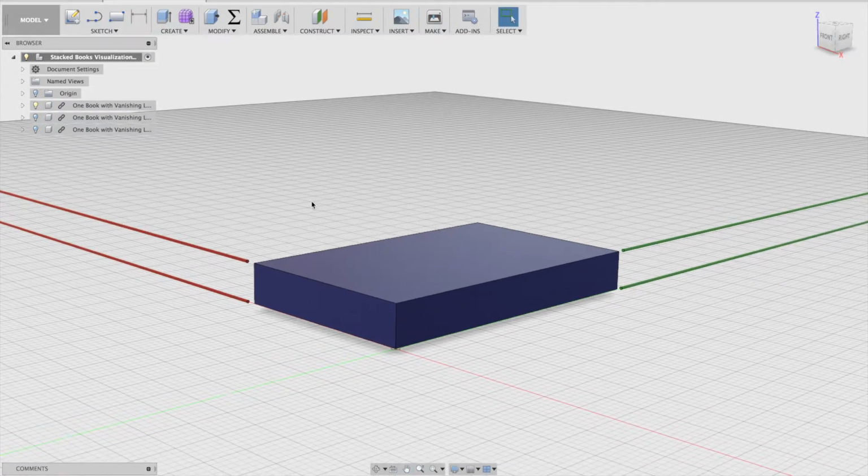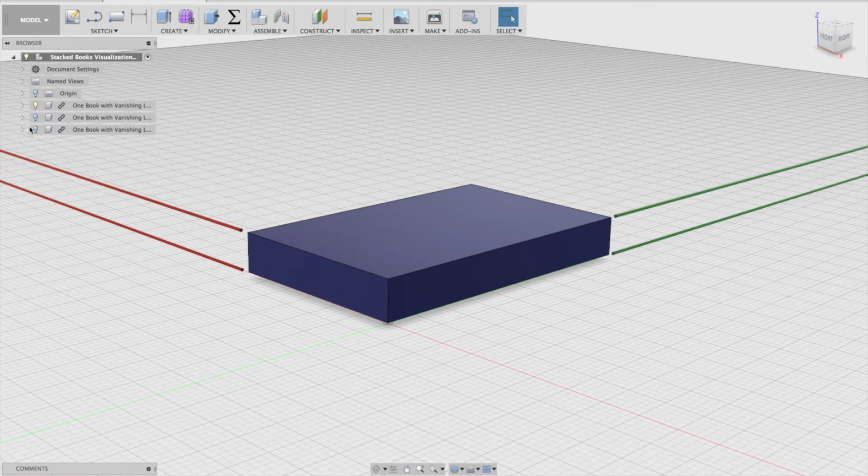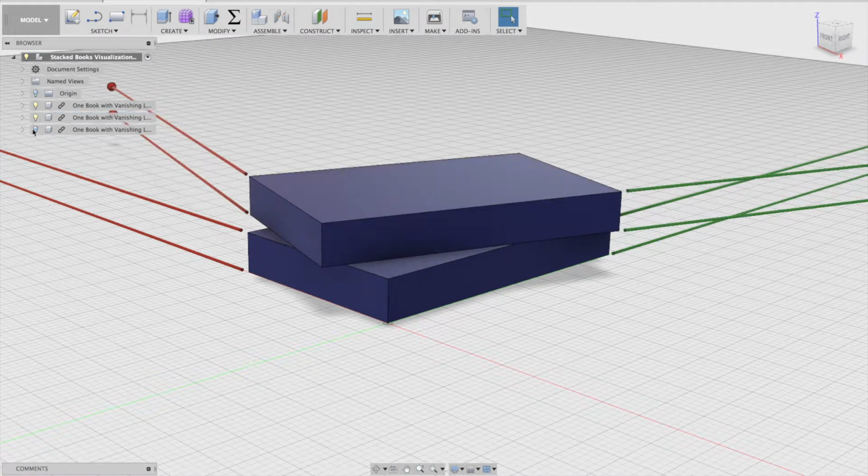I've put a couple of other books in here, and let's just see what happens if I rotate this book on top of it. Notice again, you can see a little bit of an increase in the rate of convergence here compared to here, and you can see a decrease in the rate of convergence for the second book here compared to the first book. But also notice the angles, right?